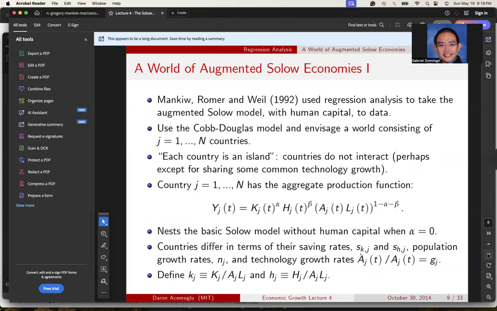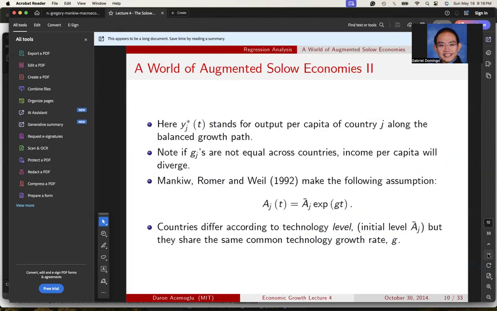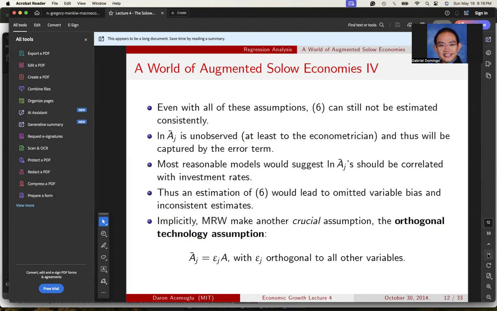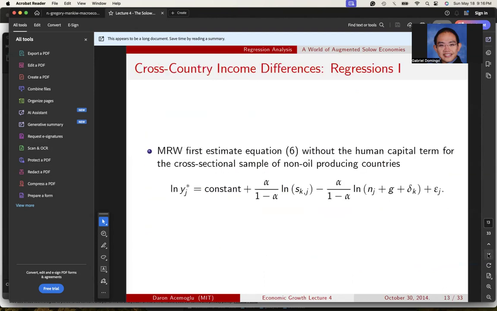Can skip a lot of this. Okay. So this is what the growth literature first attempted to estimate, right?